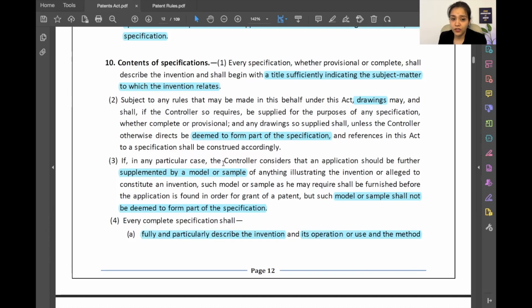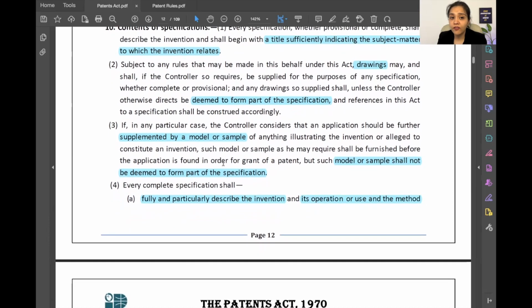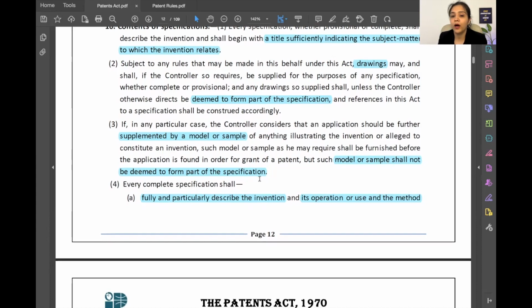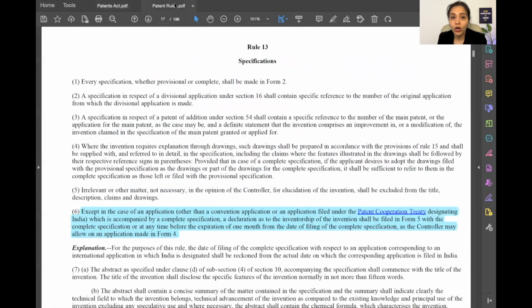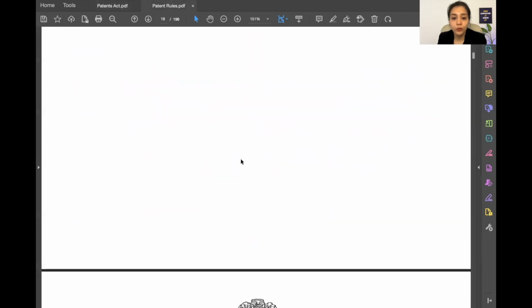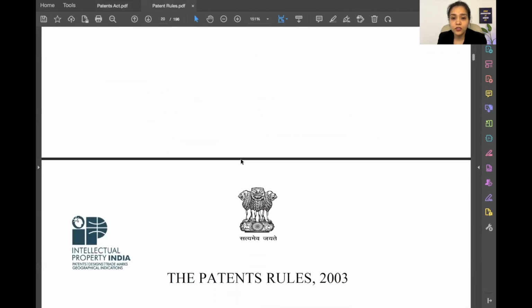Similarly, we have subsection 3, which says model or sample. If the controller requires a model or sample, it shall not be deemed to form part of the specification. So drawings would be considered part of the specification, and a model or sample will not be considered part of the specification.